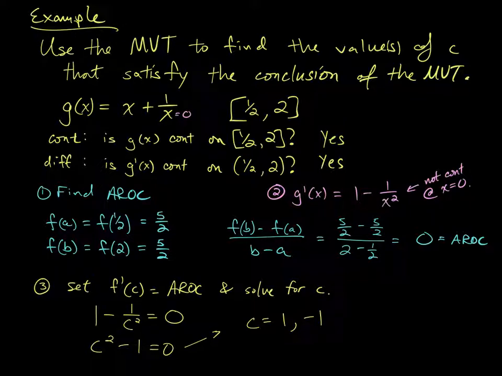Now, one thing to keep in mind is that yes, both of these are answers, that's true, but only one of these answers is in the original interval. This one is not in the open interval 1/2 to 2. So the c value needs to be on the open interval, not the closed interval. It cannot be one of the endpoints. So in this situation, the c value is 1.